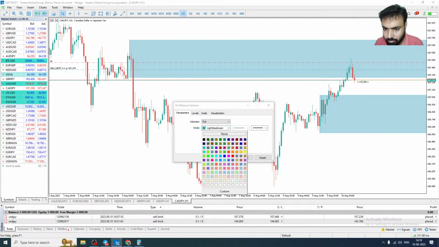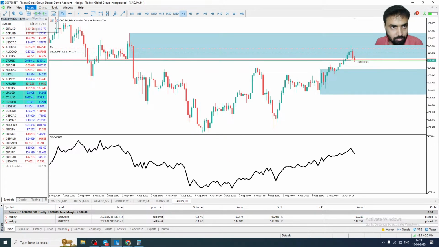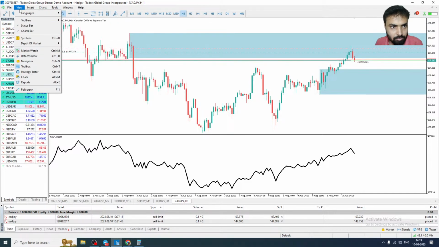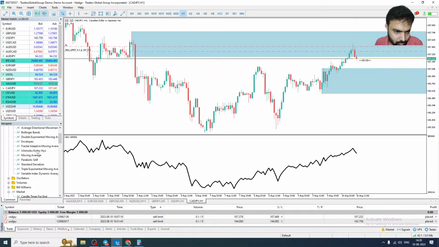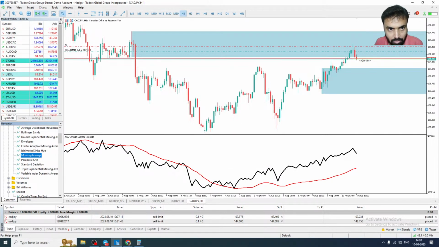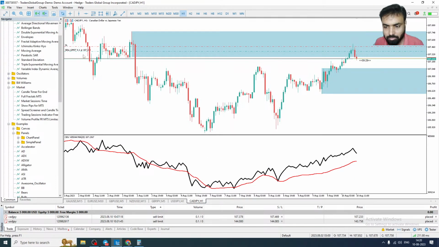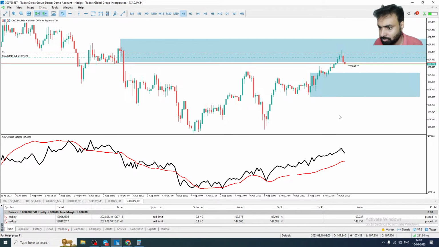Unbalanced volume. So this black line is volume, the red line is price.